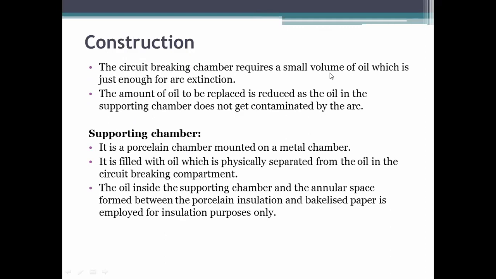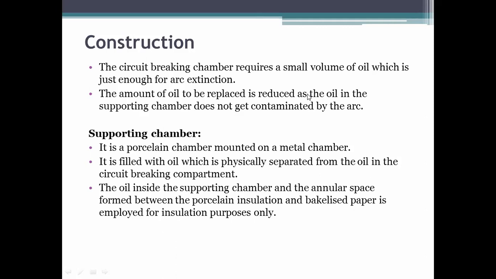The circuit breaking chamber requires a small volume of oil which is just enough for the arc extinction, means upper part. Okay, upper part, that is the circuit breaking chamber. It contains a very small quantity of oil which is required only for the arc extinction.